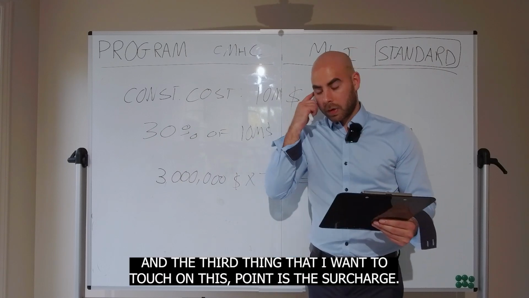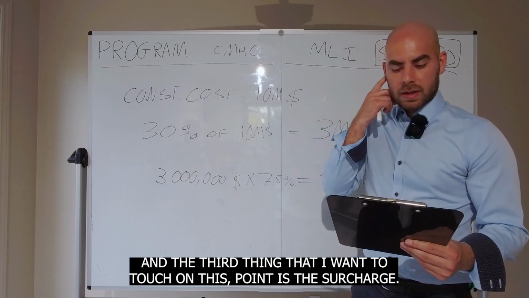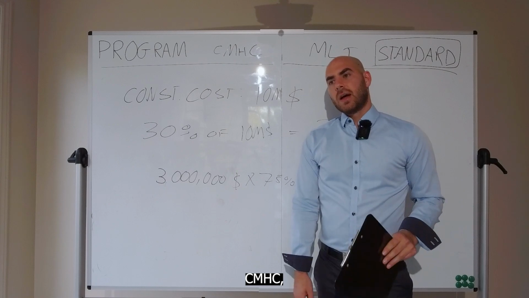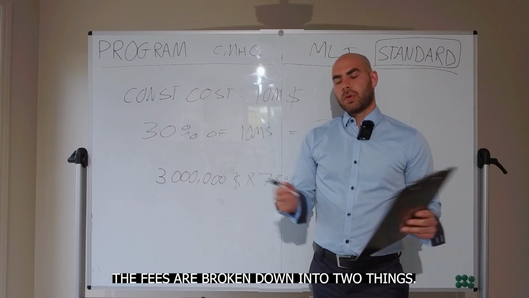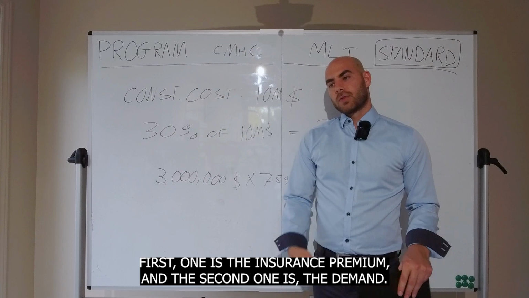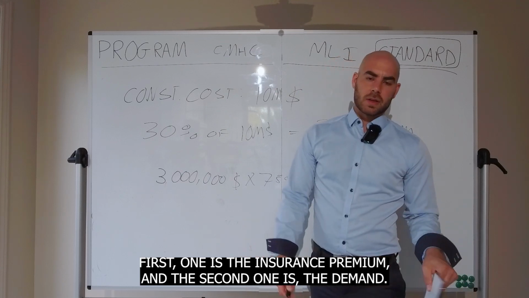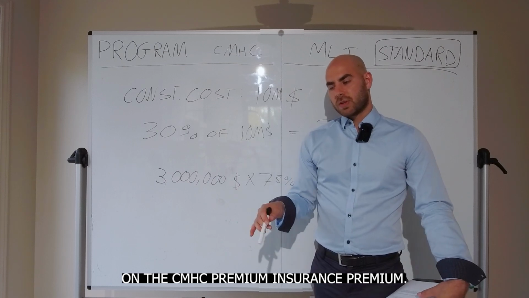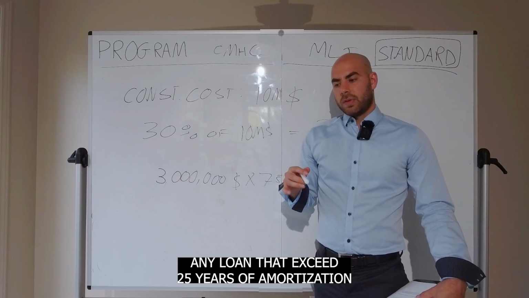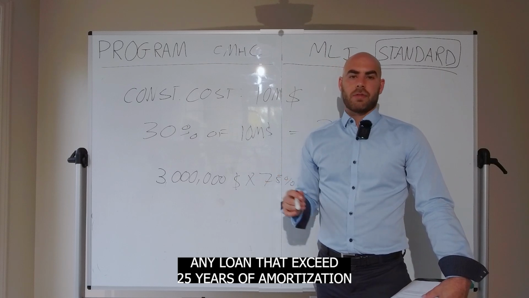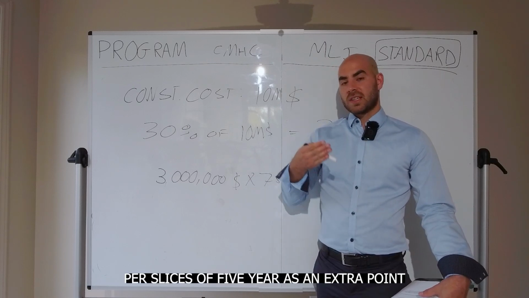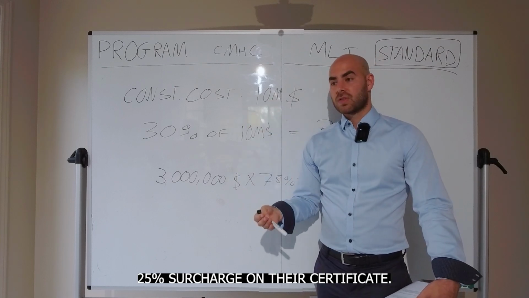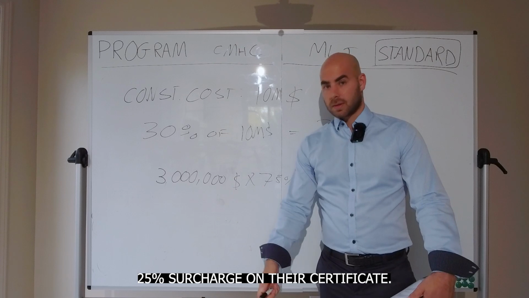And the third thing that I want to touch on this point is the surcharge, okay? With CMHC, the fees are broken down into 2 things. First one is the insurance premium and the second one is the demand, right? On the CMHC insurance premium, any loan that exceeds 25 years of amortization has an extra 0.25% surcharge on the certificate per slice of 5 years.